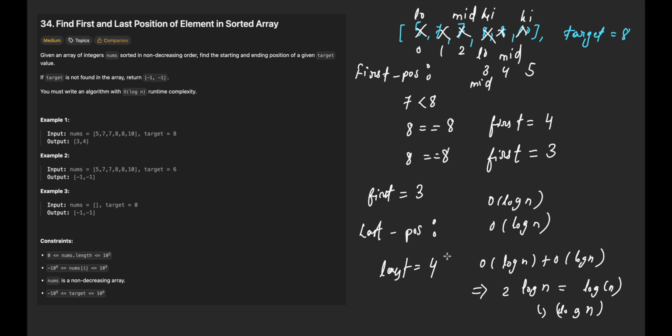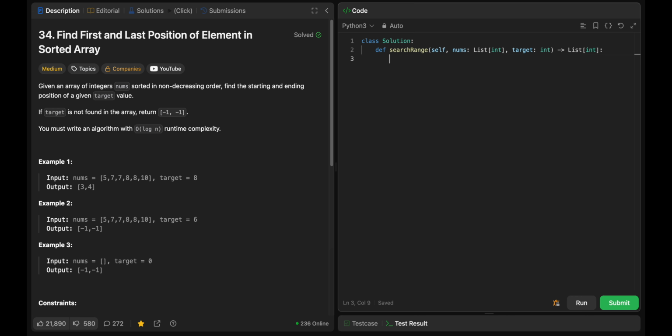So let's move to our code editor. So we are in our code editor. Let's define the functions we were talking about for finding the first position, and a function for finding the last position. Also, let's assign the pointers here.